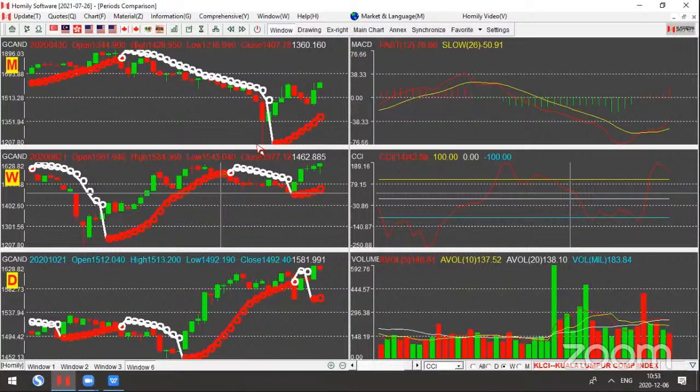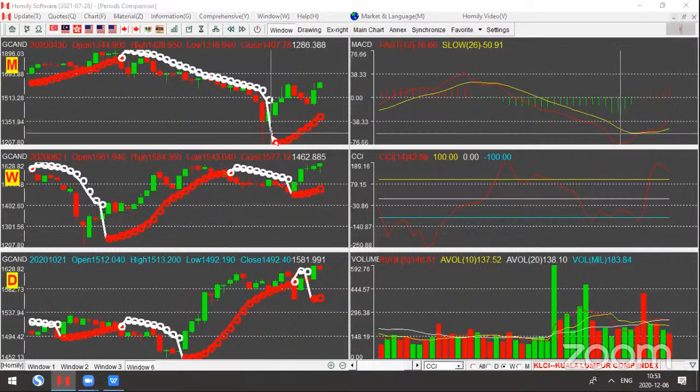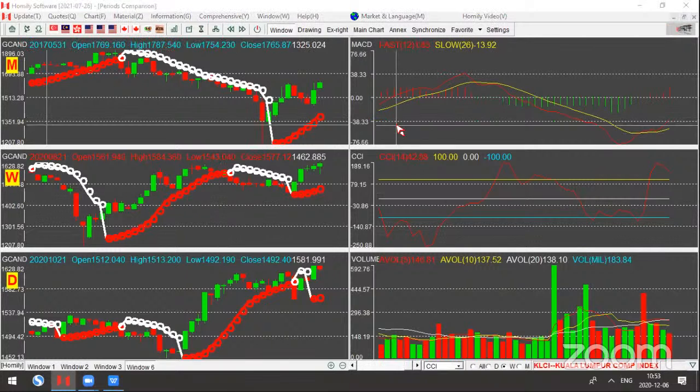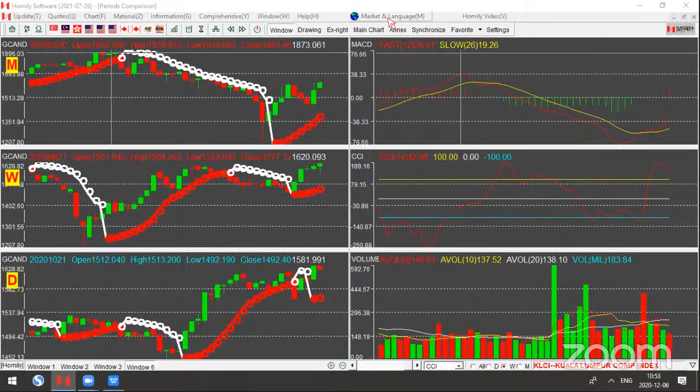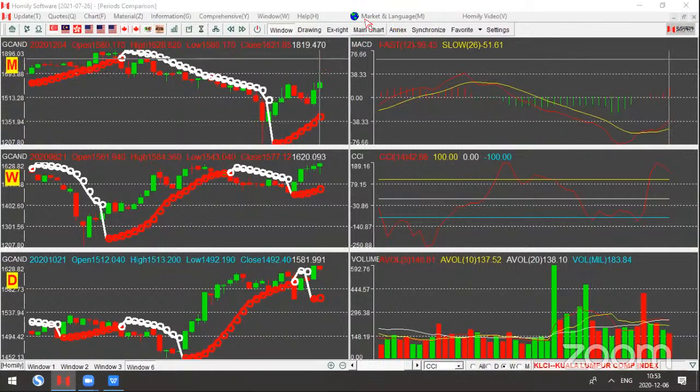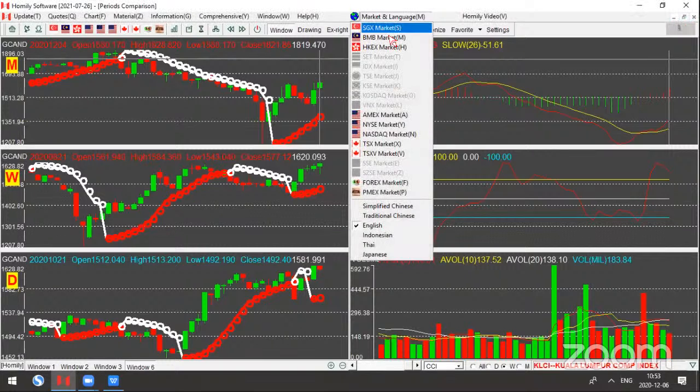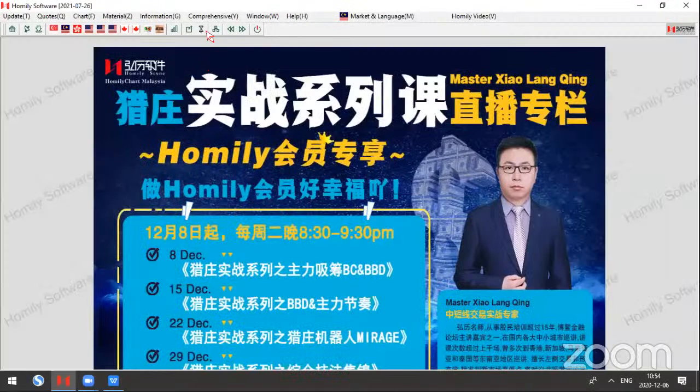How can we set the condition from long term to short term, from monthly chart to daily chart? Then after that, you can save the filter program into your software, and we don't need to set the conditions one more time. Next time you want to use it, you can just extract the filter program.